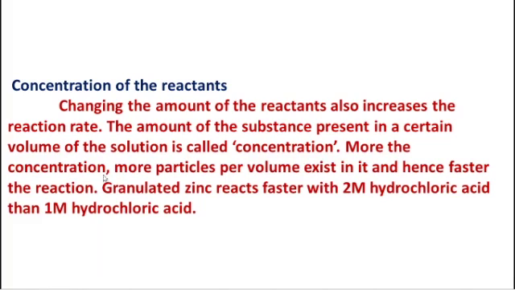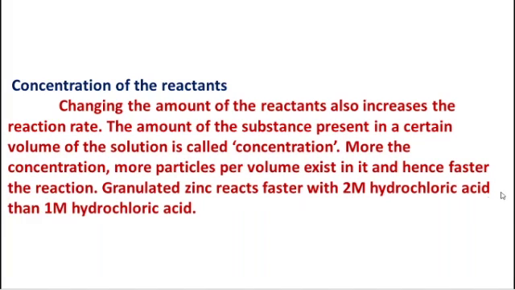The higher the concentration, the more particles per volume exist in it and hence the faster the reaction. Example: granulated zinc reacts faster with 2M hydrochloric acid than with 1M hydrochloric acid. 2M means 2 molarity.